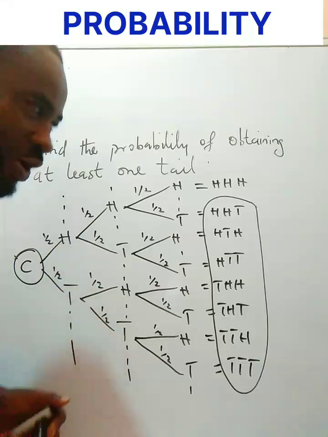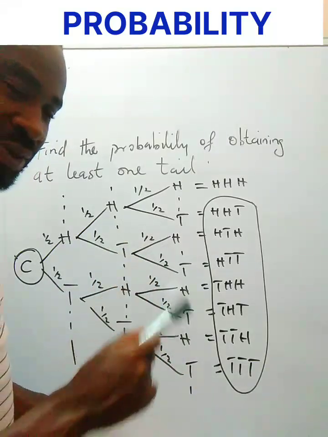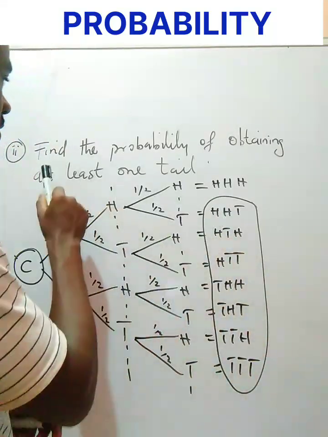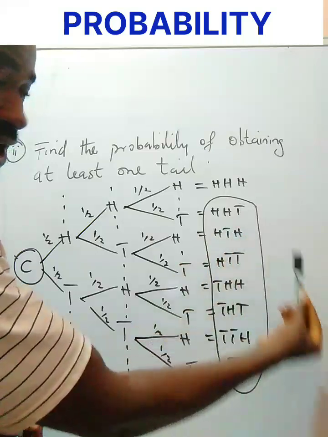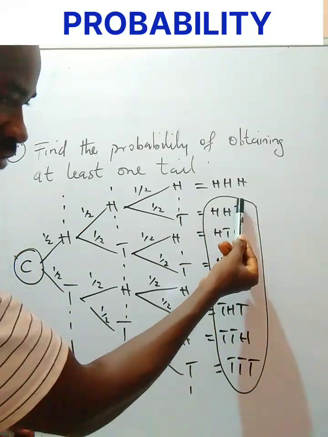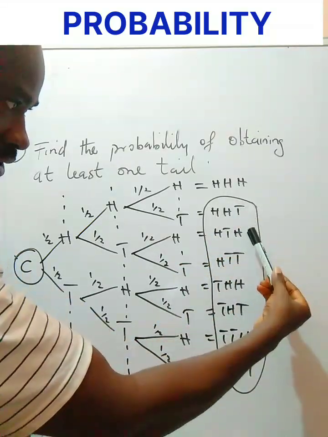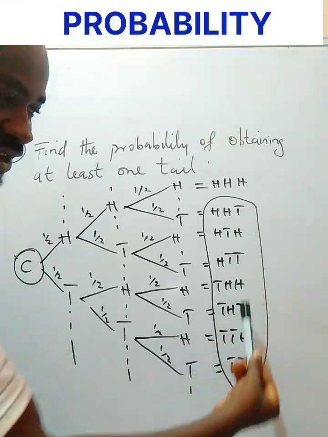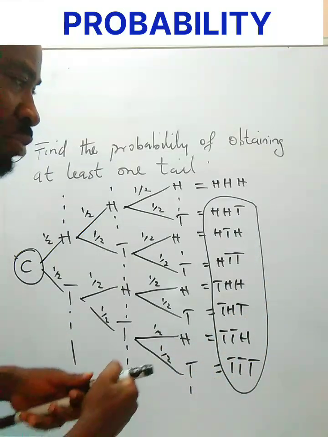So this is how to go about it. The probability of at least 1 tail is from this place downward, because all these outcomes contain at least 1 tail. Let's get their probabilities now.